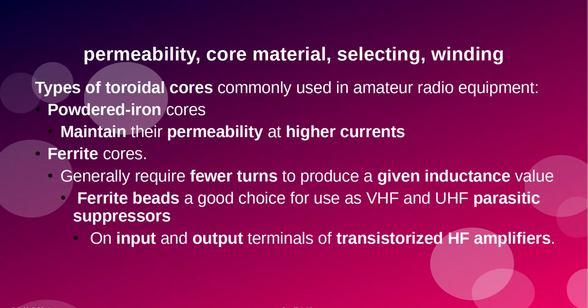In some cases, they've been known to explode. Curie, Madam Curie, is one of the things it's named for. As the temperature increases in the ferrite, permeability goes down, and it gets to a certain point where it will not recover. You've ruined it, or in some cases, blown it up.